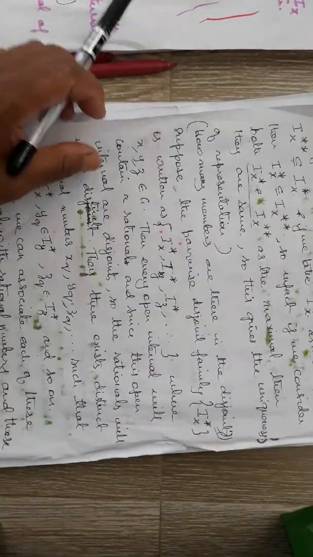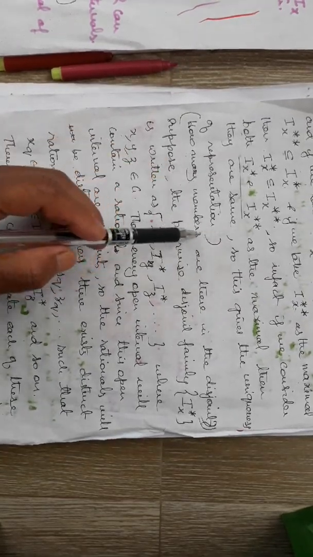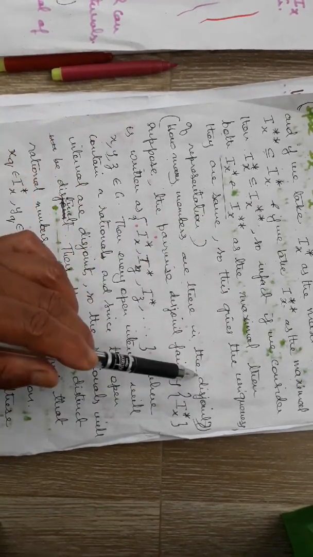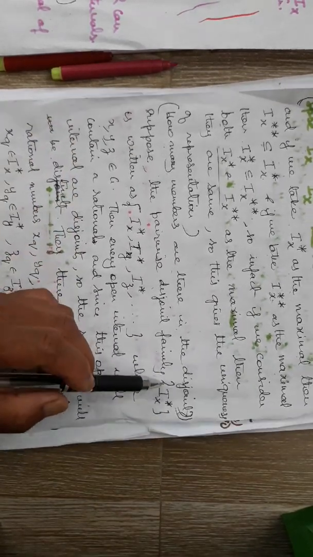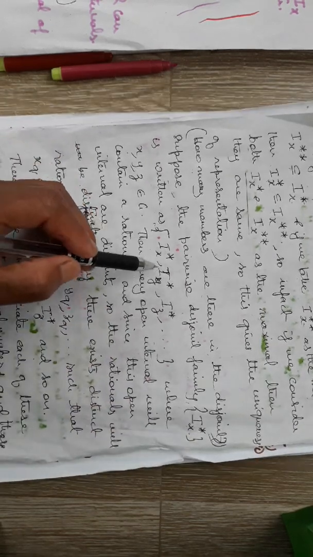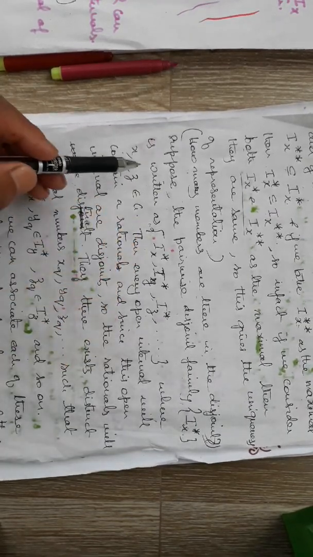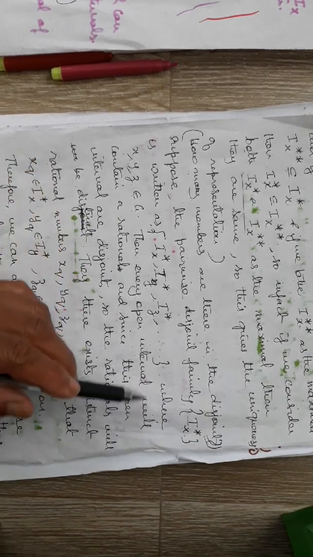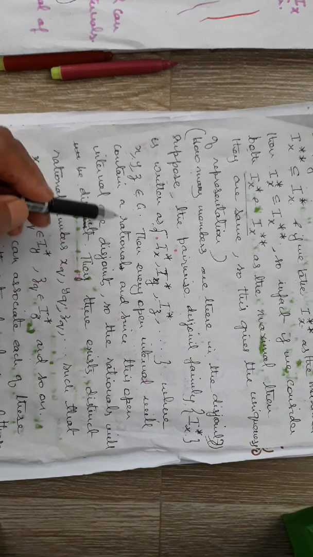Now, the last part we have to prove is how many members of this family of maximal open intervals there are in the disjoint collection. Suppose the pairwise disjoint family, that is the collection of open intervals, can be written as Ix star, Iy star, Iz star, and so on, where x, y, z belong to G. Then we know that every open interval contains a rational.